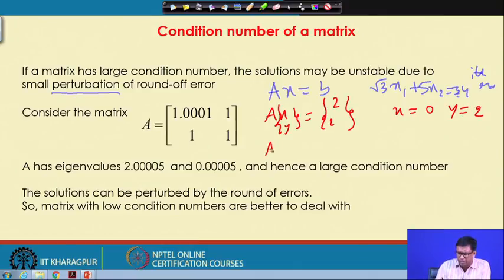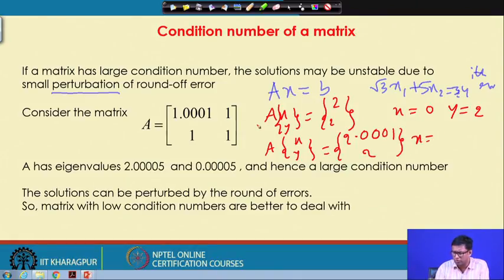And if we have another equation Axy equal to 2, 2.00012, we solve it, we will get x equal to 1, y equal to 1. So, for a very small difference in one particular place, the equations give entirely different results. Why? Because it is a large condition number matrix. If we have some small perturbation, instead of 2.0001, if it is 2.00005, we can see a very different solution.